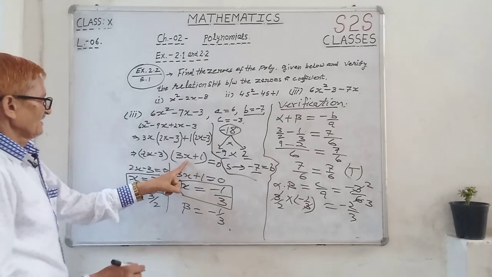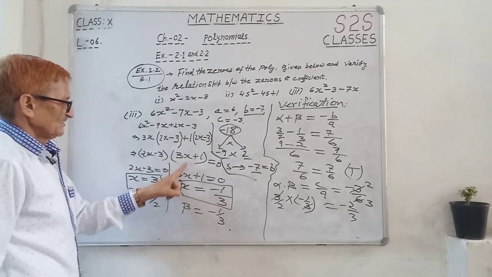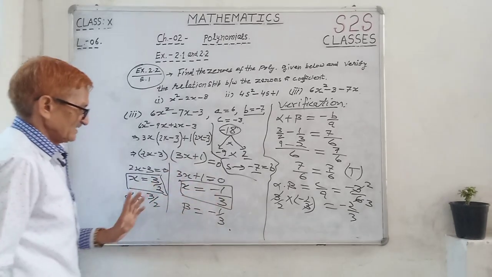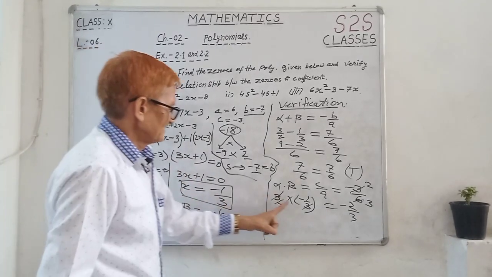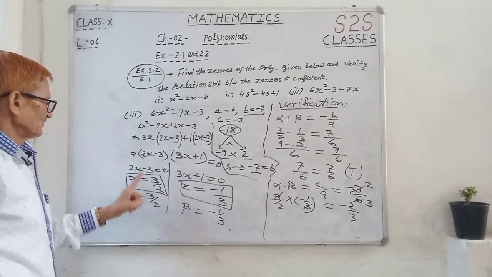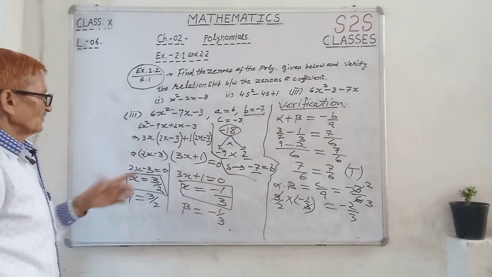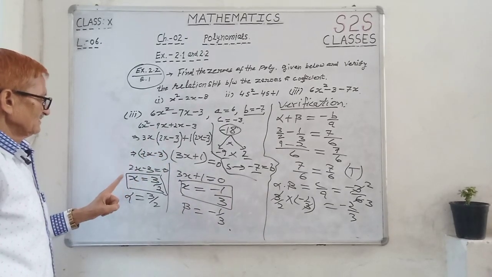Is a mistake there? No. 3x plus 1, same factor. So x is equal to minus 1 by 3. So minus 1 by 3, and this is 3 by 2, 2x minus 3, 3 2s are 6 and 3 3s are 9. Okay, 2x minus 3, correct?